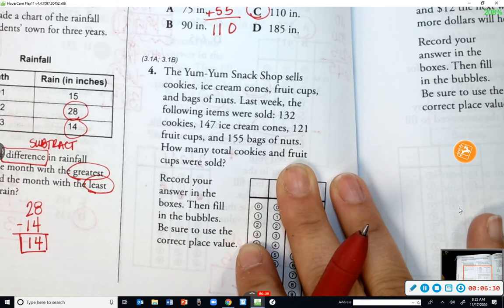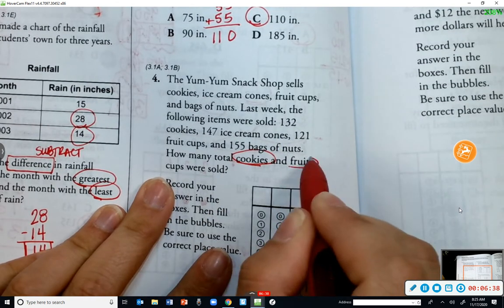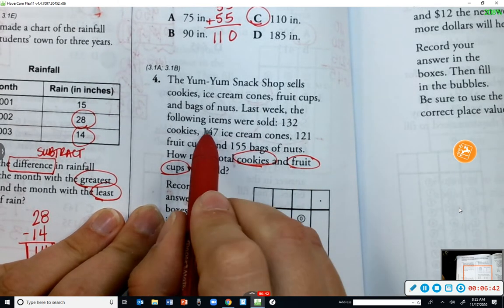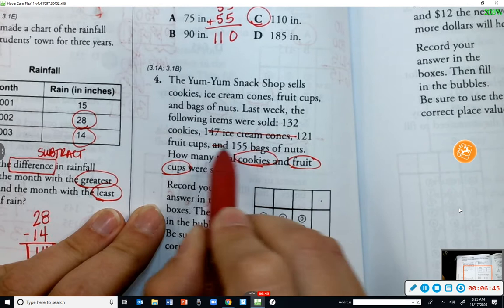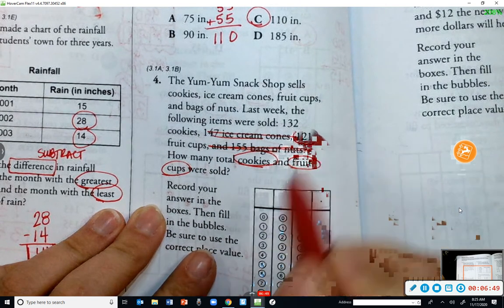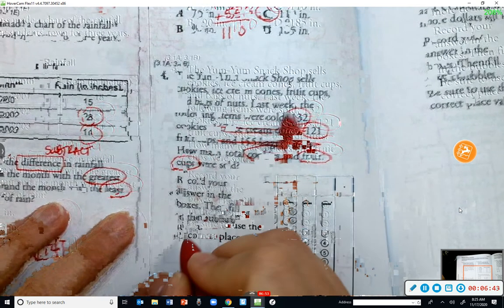Okay. So we don't need to know all of the things that were sold, just the cookies and fruit cups, right? Cookies and fruit cups. So I'm going to go up. I don't need ice cream cones. I don't need bags of nuts. I need 121 fruit cups and 132 cookies.